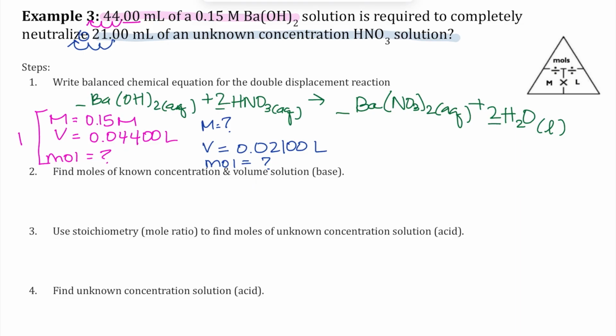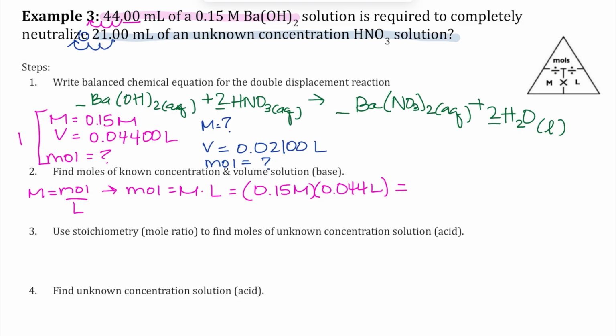So finding moles, rearranging that molarity is moles over liters, we get moles is molarity times liters. So I get 0.15 molar times 0.044 liters.